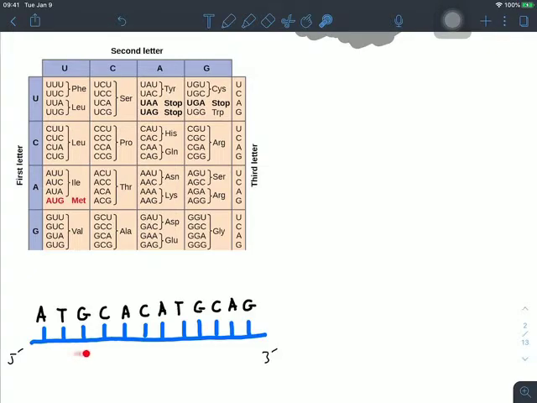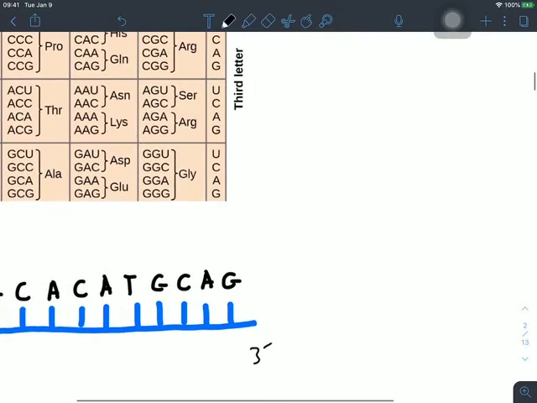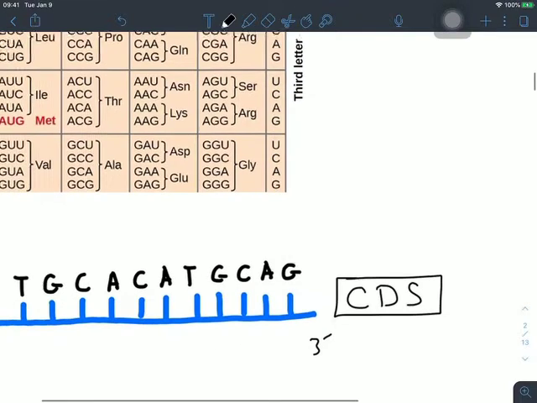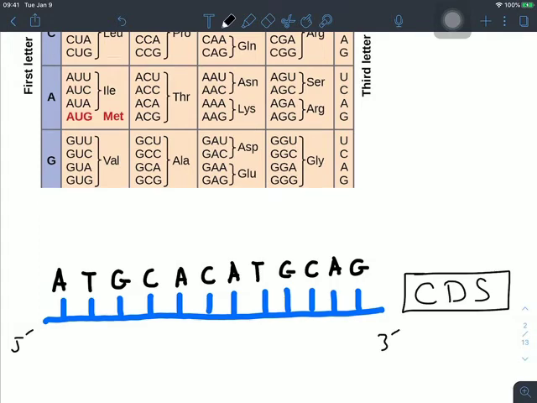If this is our DNA, or this is our coding sequence, CDS as it's abbreviated, we know that this is what our mRNA is ultimately going to look like. In order to make an mRNA from this, we're going to have to read the opposite side. So therefore, let's go ahead and complement our DNA here.